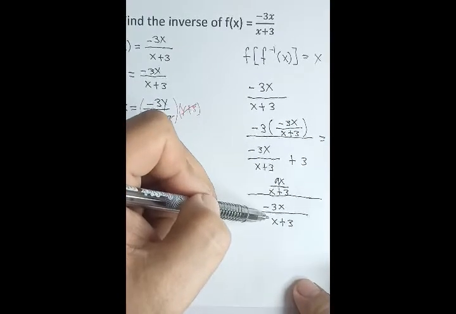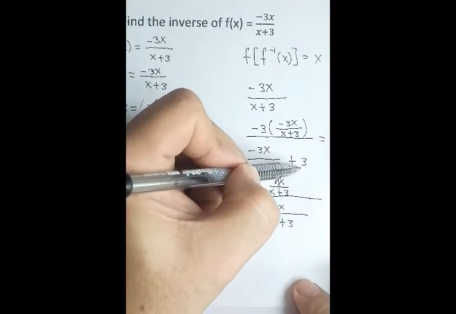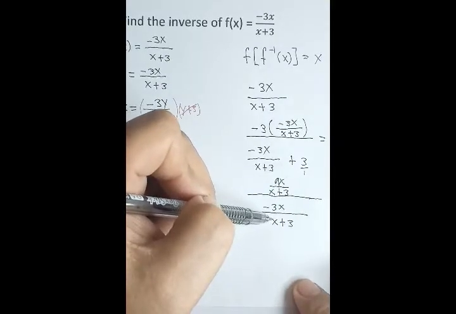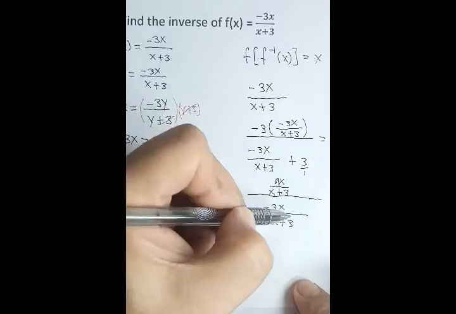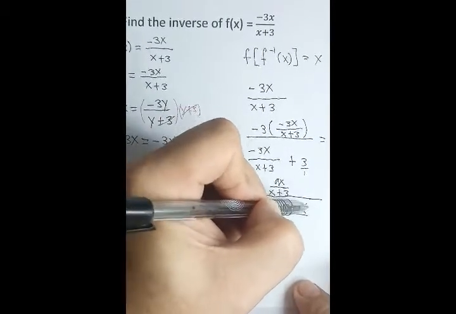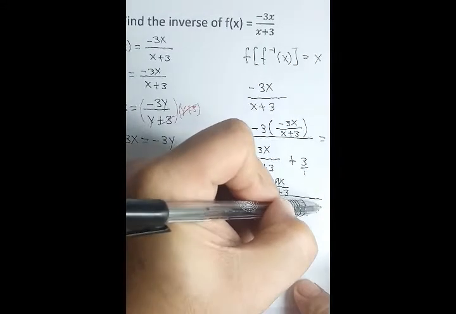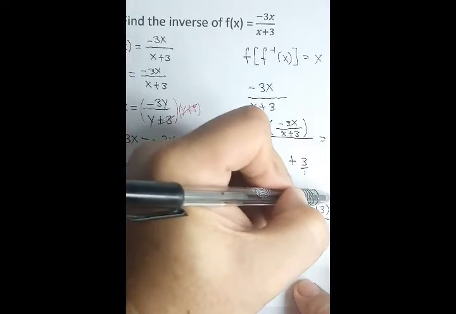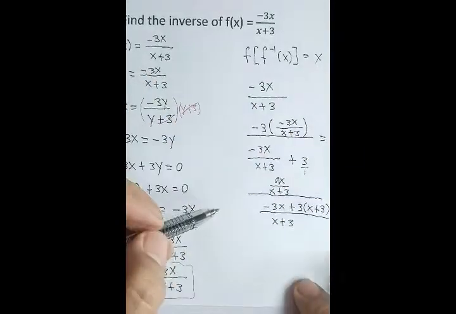Then x plus 3, understood siya ka na denominator nga 1, so it is just x plus 3 multiplied by 3. So we have 3 times x plus 3 equals x.